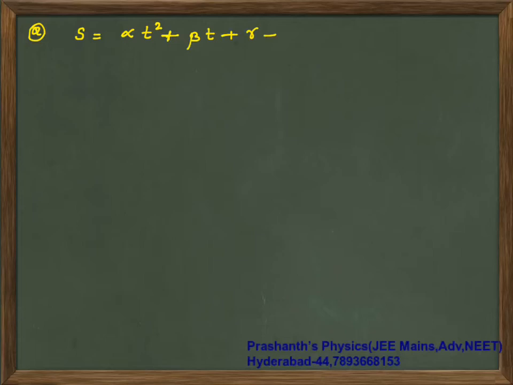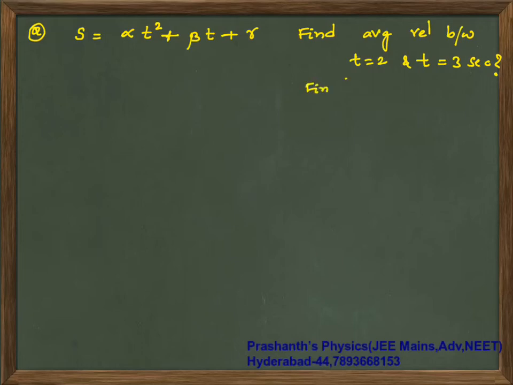Now let us say you are asked: find average velocity between t equal to 2 and t equal to 3 seconds. Obviously, if you are given a gap, this is the average value. Find instantaneous velocity at t equal to 5 seconds. These are your questions.